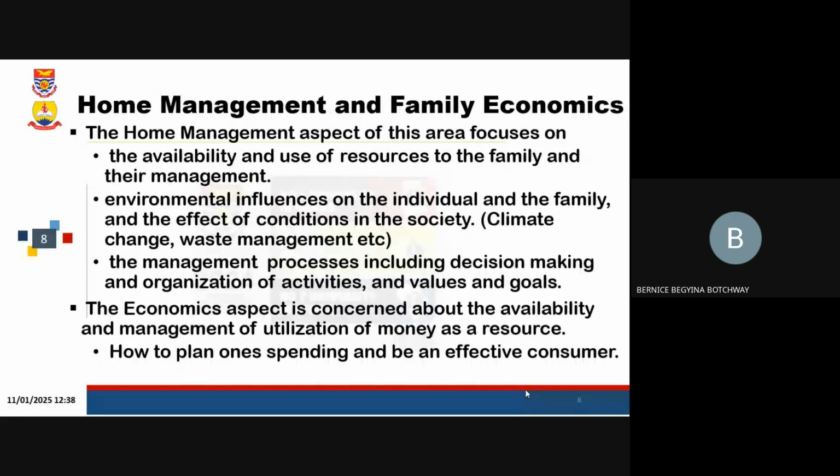And then we are also talking about home management and family economics. The home management aspect deals with resources. We identify resources that we have in the house that are available to us, not just in the house, in the community, everywhere we find ourselves. Some of us will know that these things are resources, but we haven't really recognized them as resources that will help us to achieve our goals.